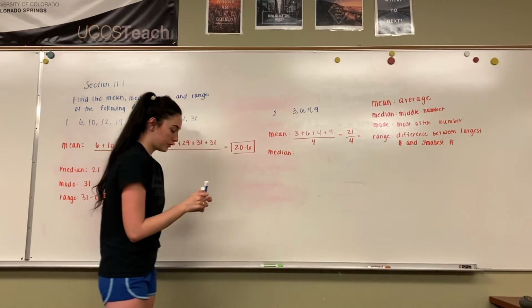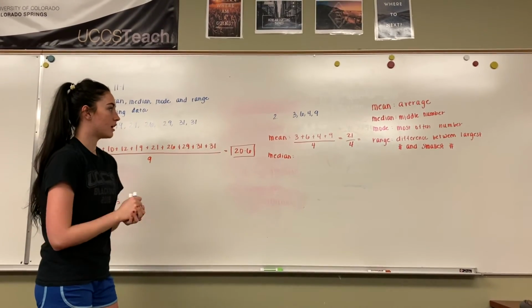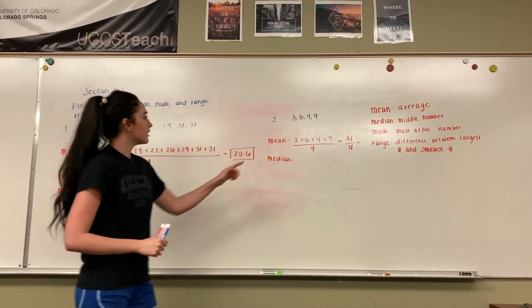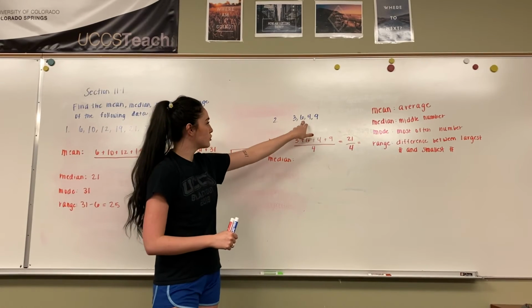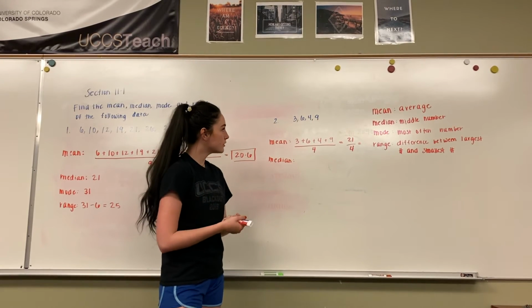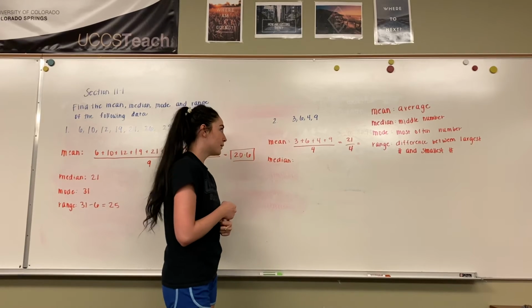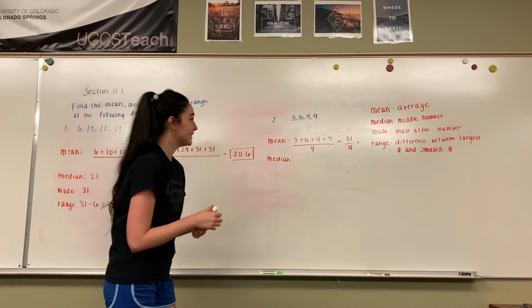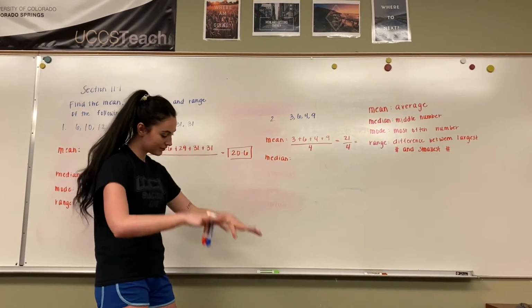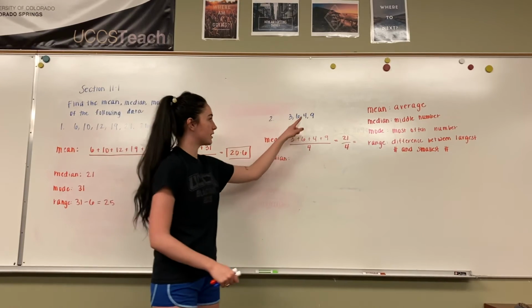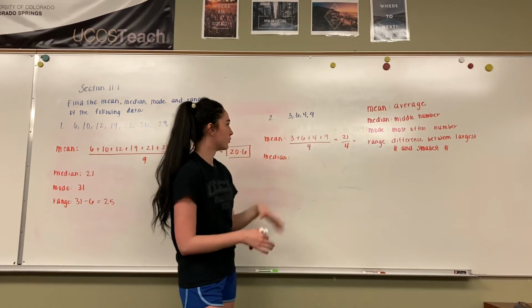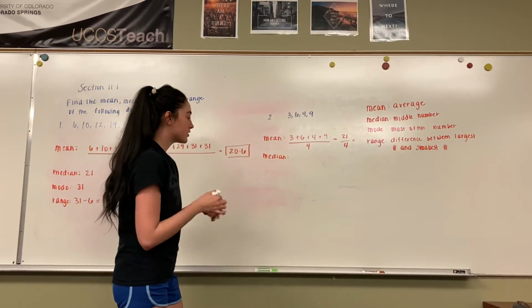So what's the middle number here? There's not one, right? Because we have an even amount of numbers. So there's 2 middle numbers. When there's 2 middle numbers, you take the average of them. So since we have 6 and 4 in the middle, we take the average of 6 and 4.